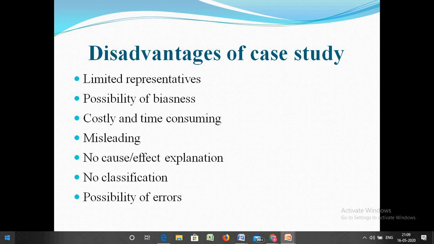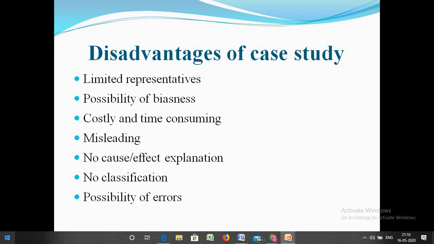The results of case studies cannot be generalized to the wider population, because the sample which is studied is usually very small. Because of selective subjectivity, there is a tendency to select unusual cases, and therefore generalization is very dangerous and very risky sometimes.